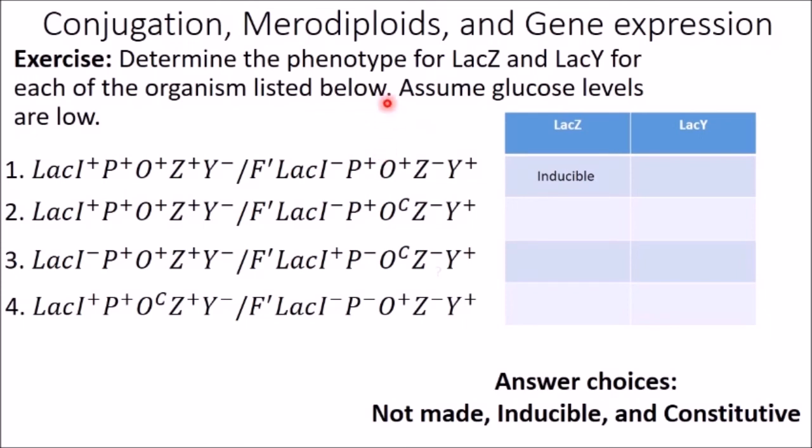That's going to be inducible. Again, why? You have Y plus on the plasmid, but you have no lacI there. But you have introduced another lacI protein via conjugation. So although there's no functional lacI on this locus, lacI can work in trans. It can bind to both its own locus and another locus. So that's why it's inducible. You can do the rest by yourself. Here are the answers. I'll give you 5 seconds to pause. 1, 2, 3, 4, 5.